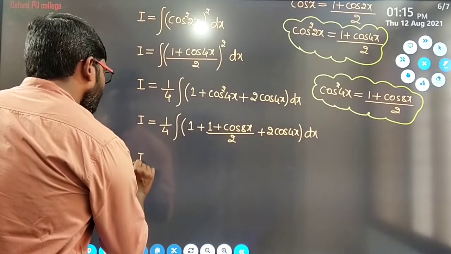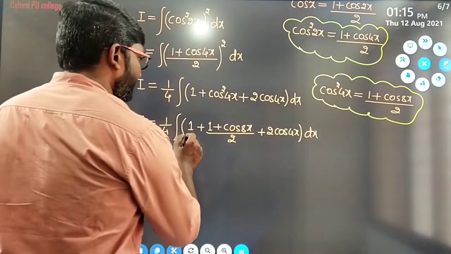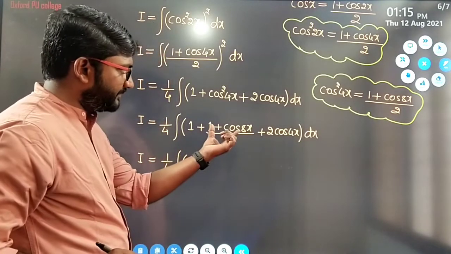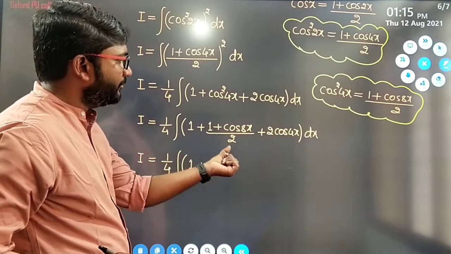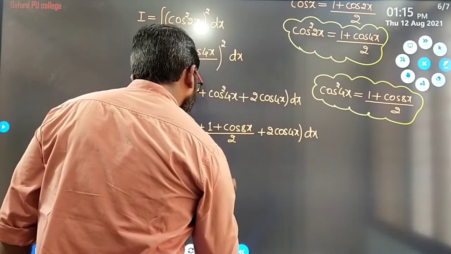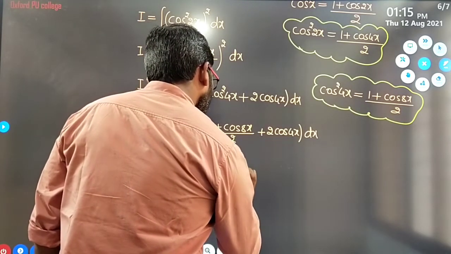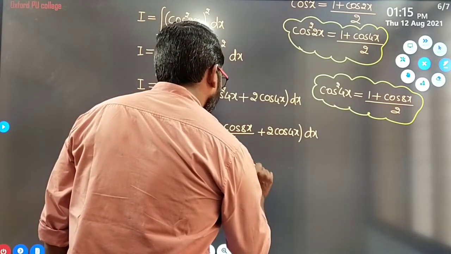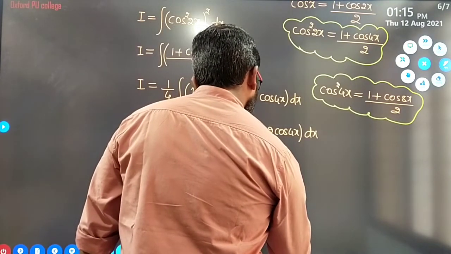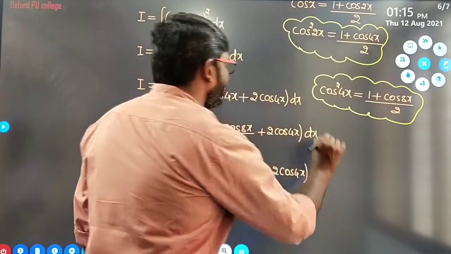Now I equals 1 by 4 integral, 1 I will be writing as it is, plus, and here split this into 2 terms: 1 by 2 plus cos 8x by 2, I am splitting the numerator, plus 2 cos 4x dx.